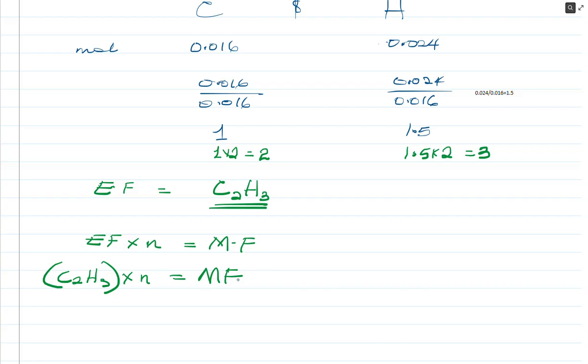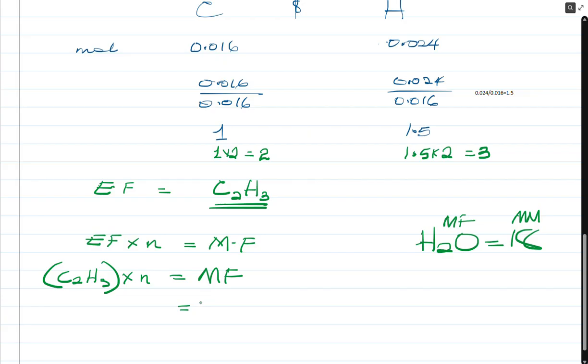Remember, the molecular mass of water H2O is 18. The molecular mass of that compound is 57. So instead of writing molecular formula, just write 57 there, because the calculation is in numbers. Then I change the empirical formula here to empirical mass.